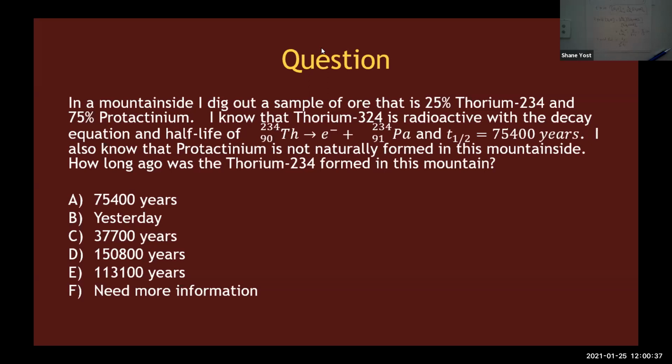I also know that the protactinium is not naturally formed in this mountainside. Thus, all the protactinium that you have is formed from the thorium. And the question is, how long ago was the thorium formed in this mountain?